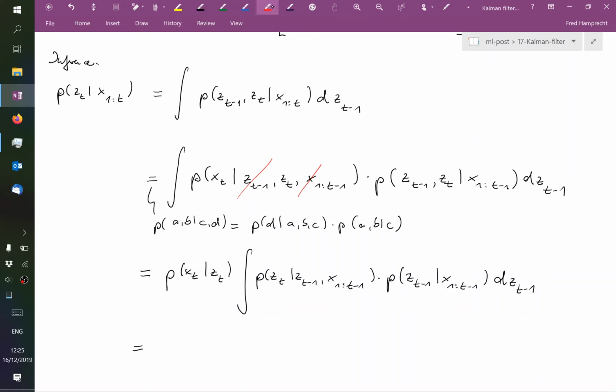And now we can again look at the state space model and see that z_t given z_{t-1} is conditionally independent of this, and hence obtain this final expression here.